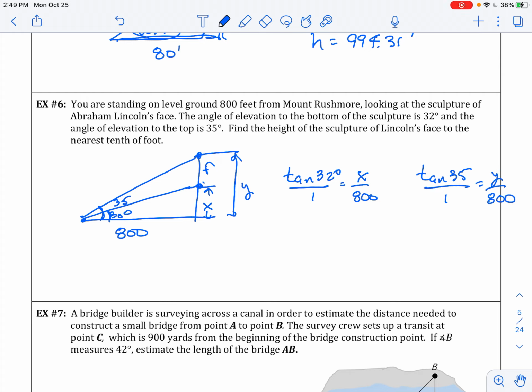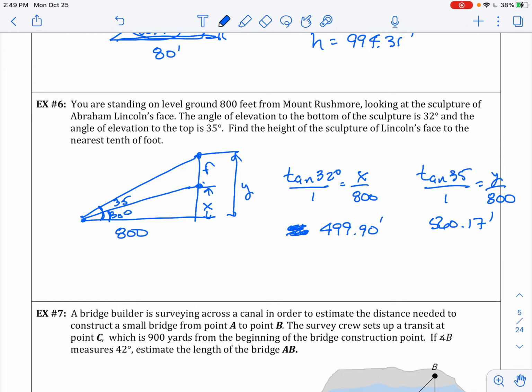And if you would do those crosses, what you would get is 560.17 feet for that, and you would get 499.9, basically 500 feet for that.